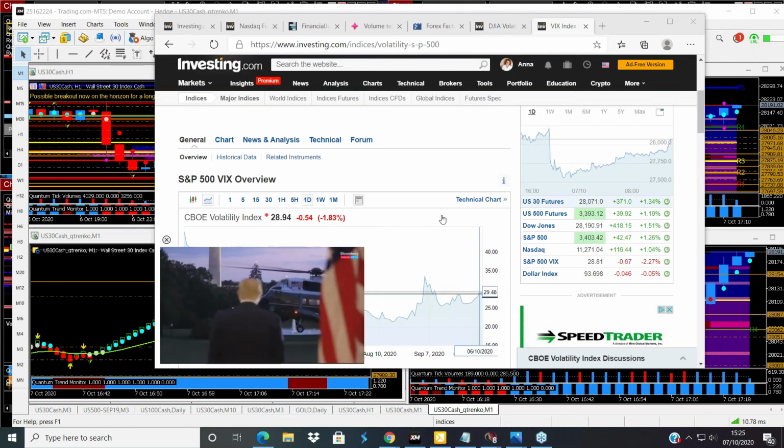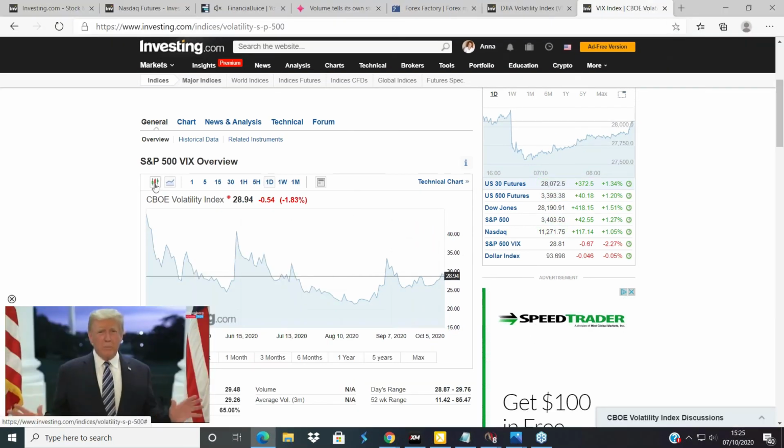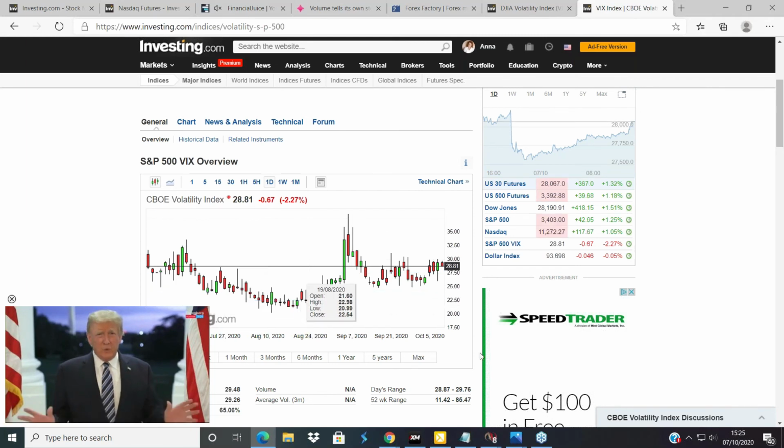Apologies about that. You can simply follow the VIX, which is, strictly speaking, the CBOE volatility index for the S&P 500. As I said, there are volatility indices for both the Dow and the Nasdaq.